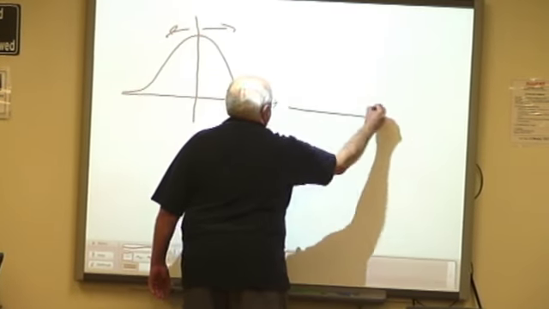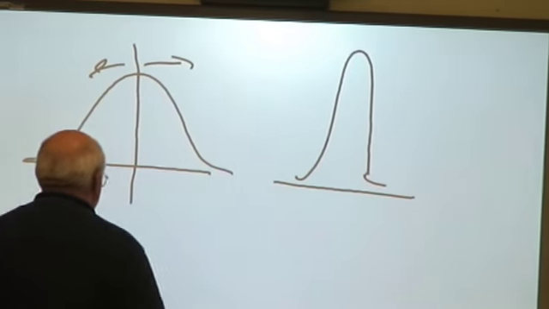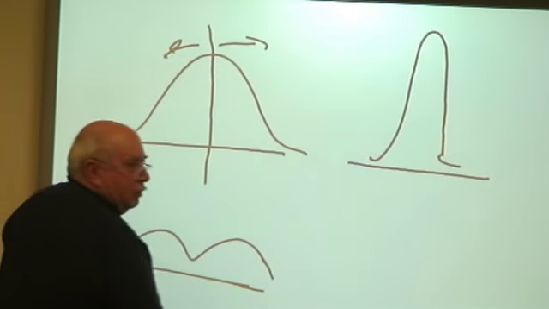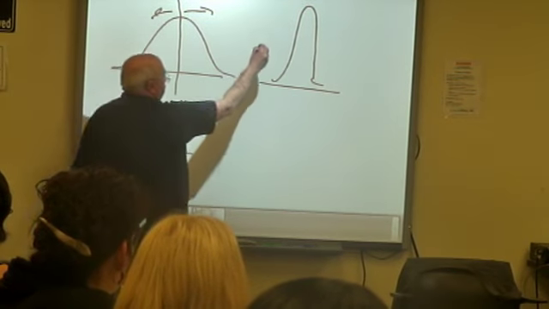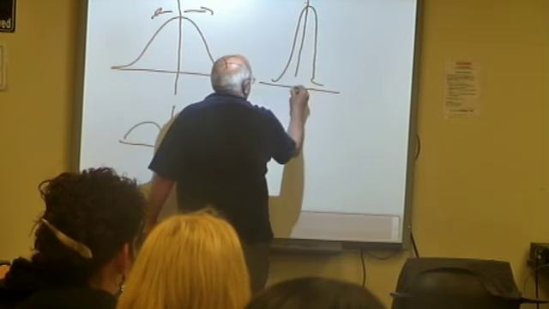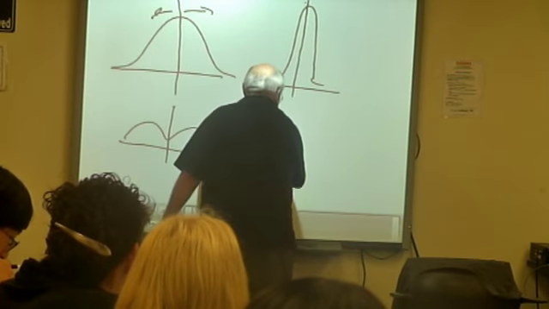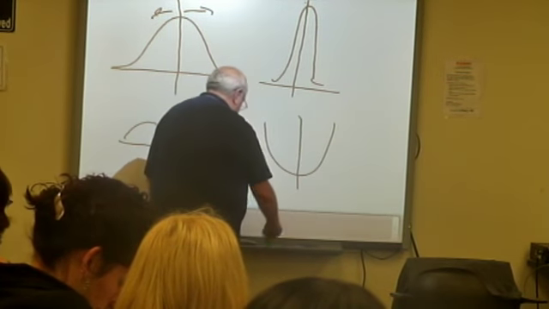Guess what? So is this. So is this. Because if I split it in the middle, the right is the mirror image of the left. So is this. Again, split it in the middle.